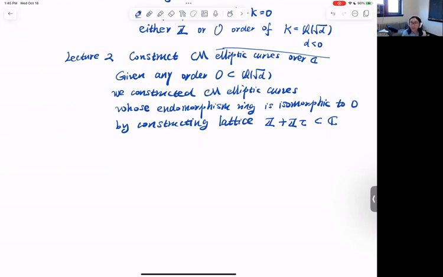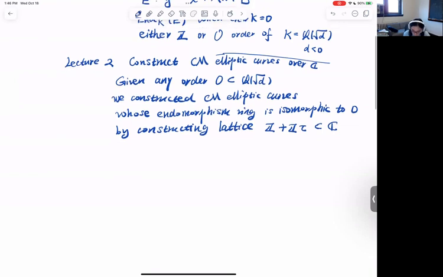And then when I embed this imaginary quadratic field into the complex plane, choosing one of the two embeddings, the image of this proper fractional ideal will naturally become a lattice. And the endomorphism ring of this lattice is exactly O. Okay, great. So that's lecture 2.